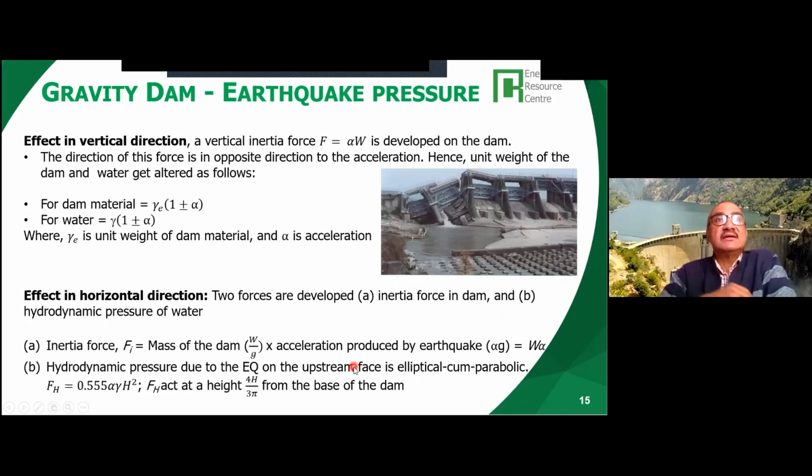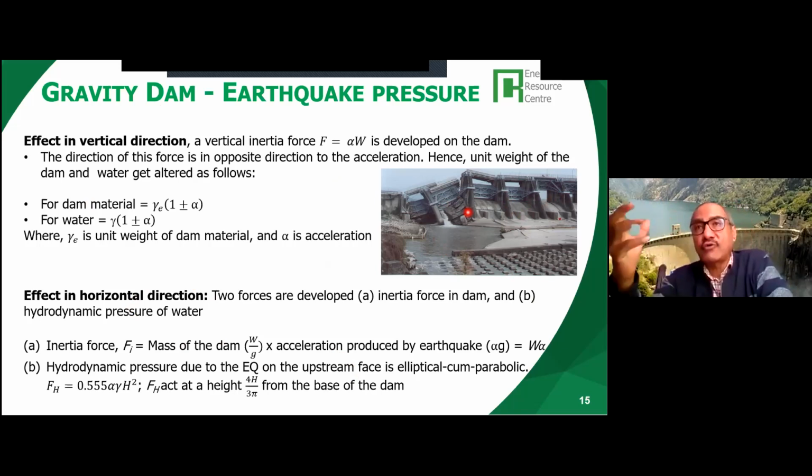And the earthquake pressure, I'll just give you an example. This is more of a structural thing. Effects are in two ways: it affects the vertical direction as well as the horizontal direction. If it's not designed properly, these dams can break or collapse, and it can cause catastrophic damage downstream, because these dams may be holding a lot of water.